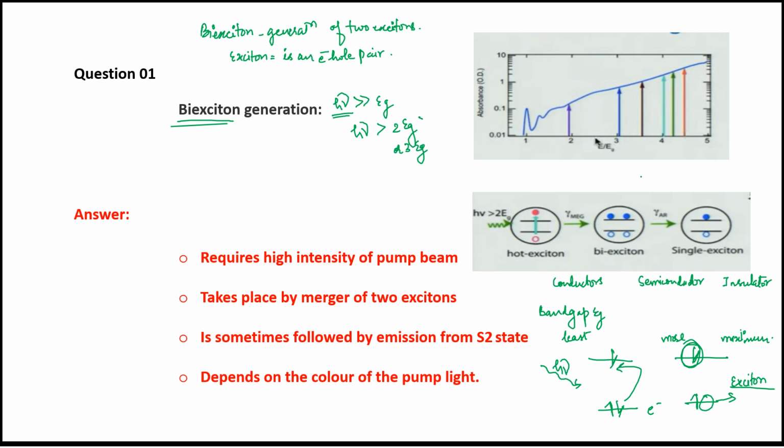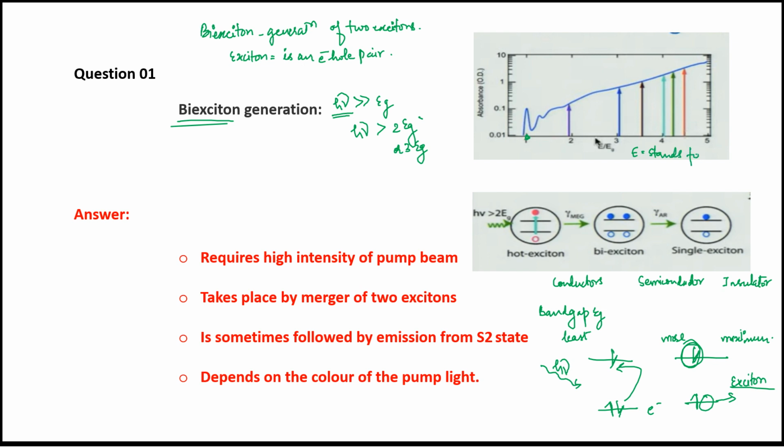This can be explained with this graph. This is the absorbance, plotted against the x-axis, E upon Eg, where E stands for the energy which is supplied.